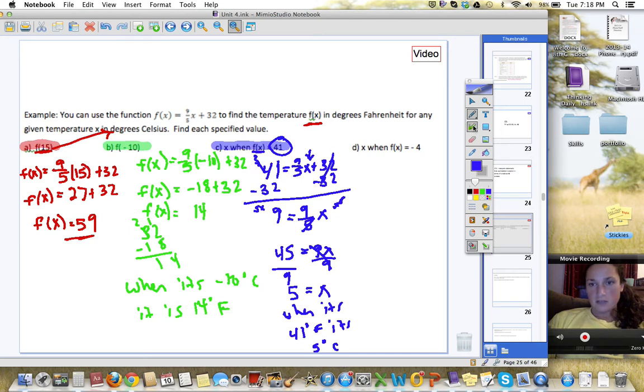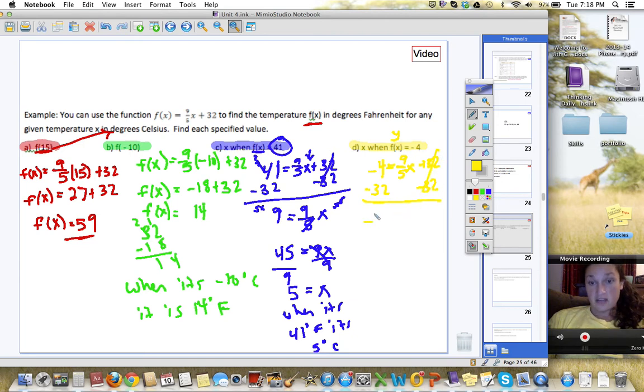Again, for this one, I'll do this in yellow. I'm trying to find what my x value is, and they gave me my f of x. Remember, f of x is sometimes referred to as y. So my y is -4, so that f of x I'm just plugging in there: -4 equals 9/5 x plus 32. I'm going to do the same thing: minus 32, minus 32.